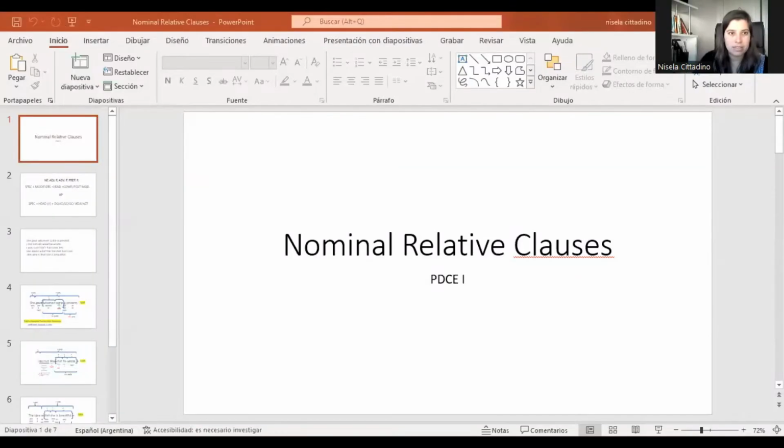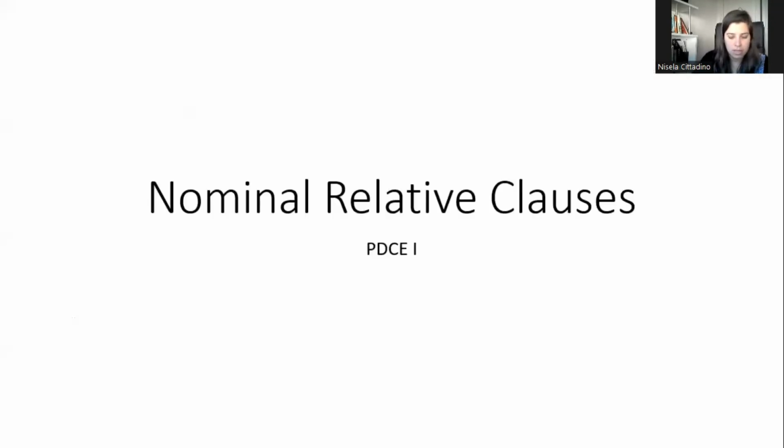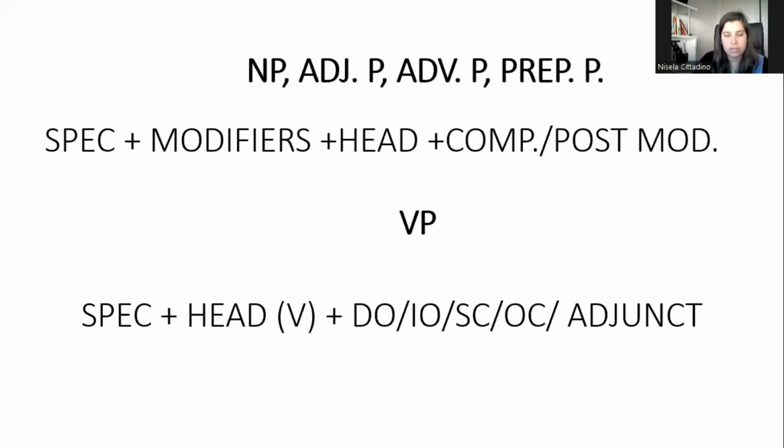Okay, so we are going to be dealing with the topic of nominal relative clauses. But before that, and between brackets, I want to go over the structure of the noun phrase. Although I uploaded a PowerPoint presentation with this information, we are using a new way of analyzing phrases.